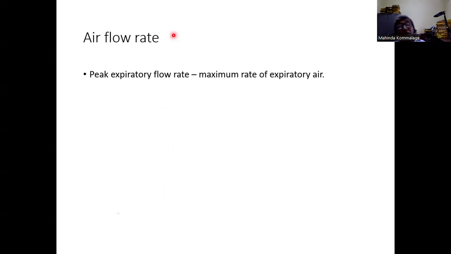That means we measure milliliters per second or milliliters per minute. So this is a rate, the peak expiratory flow rate. That is the maximum flow rate one can achieve, right? Get a deep breath, ask to expirate, and measure the rate of the airflow.